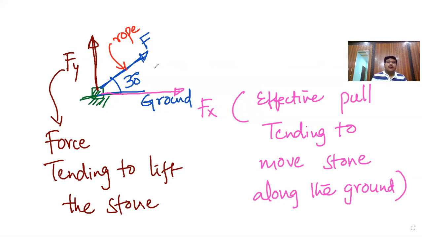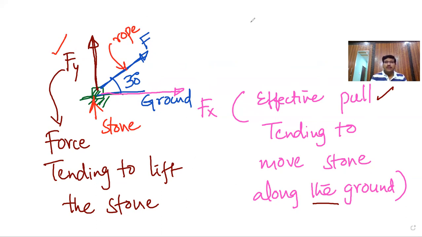That means out of this force, whatever the component along the x direction, along the ground, is nothing but the pull along the ground. And along the vertical direction, this Fy is known as the force to lift the stone. Clear? This is the concept behind the problem.